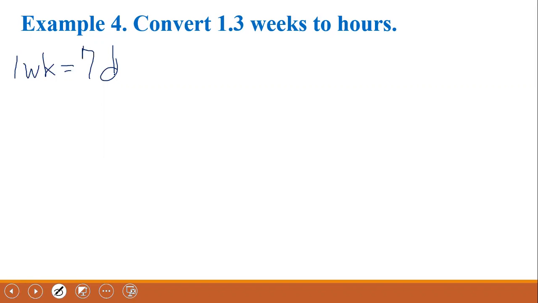1 week is equivalent to 7 days, and 1 day is equivalent to how many hours? 24 hours. Okay.